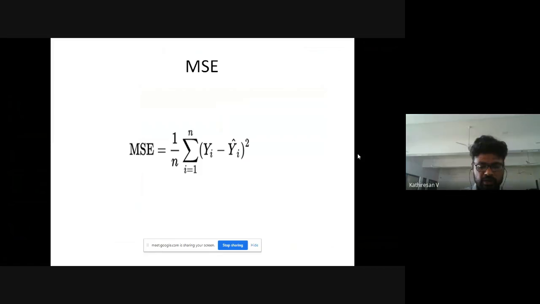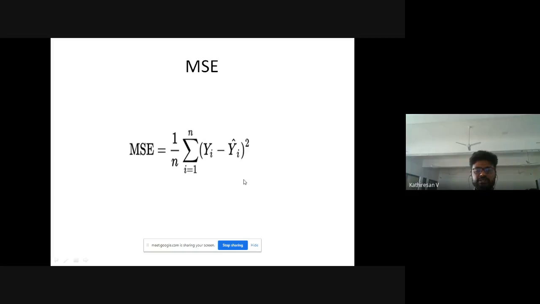Mean square error is represented by 1 by n, summation of i equal to 1 to n, yi minus yi hat squared. This yi hat is nothing but the predicted value of yi. This is the actual yi value, and this is the predicted value, as we discussed in the last session itself.